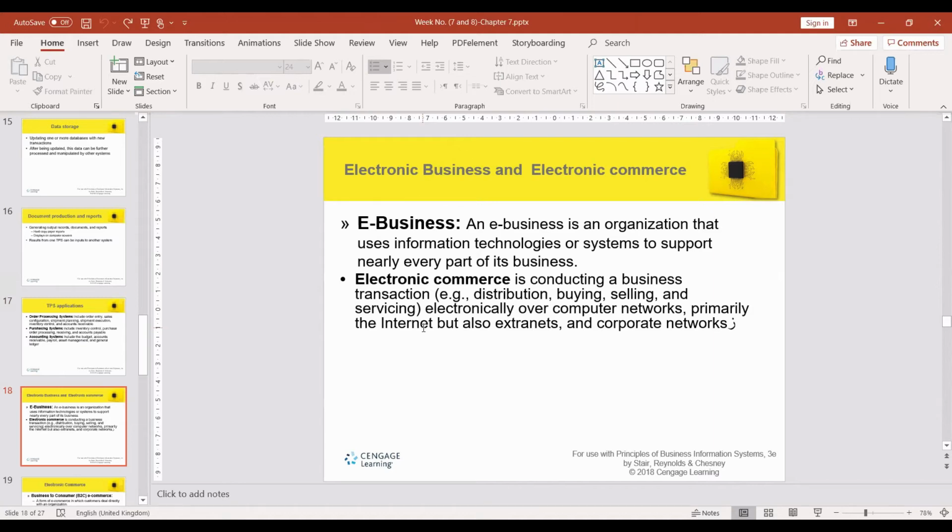E means electronic, that they are using some technology, information systems. And business usually refers to the organization. So any business organization that is using technology to perform business activities is called e-business.